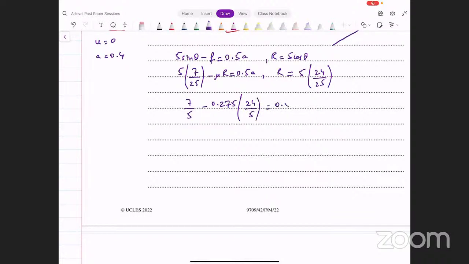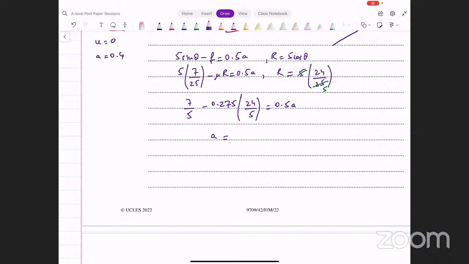That equals 0.5 times acceleration. यहां से हमारे पास a आ जाएगा। ठीक है, लेट्स इवैल्यूएट दिस। a की वैल्यू यहां से निकाल लें, देख लें क्या आती है आपके पास। 7/5 minus 0.275 into 24 divided by 5, that gives me 2/25, and that is equal to 0.08.